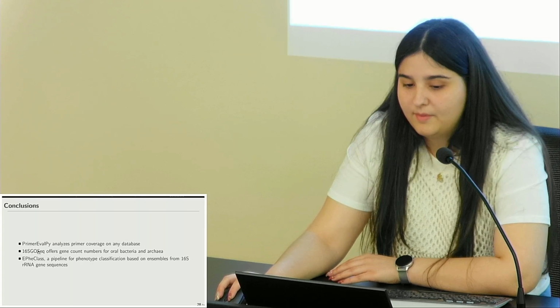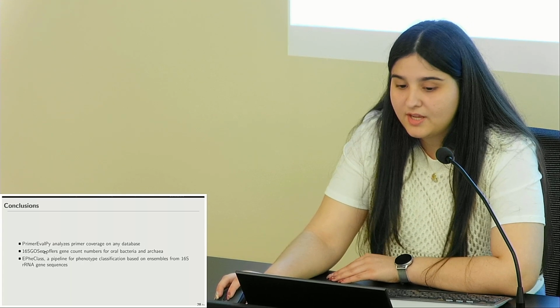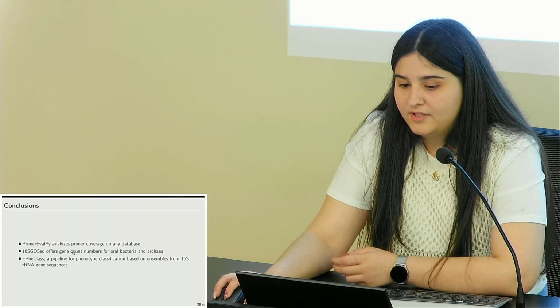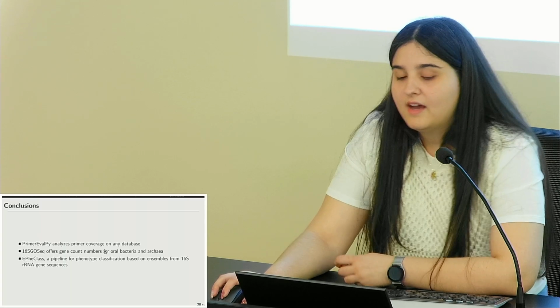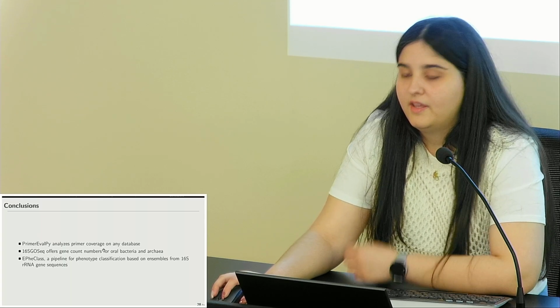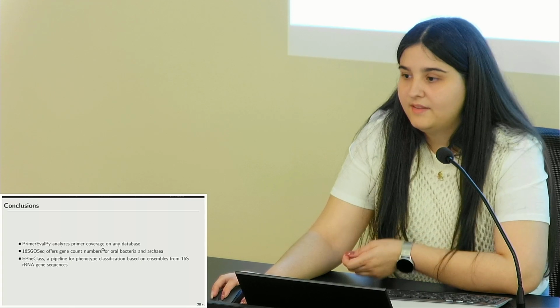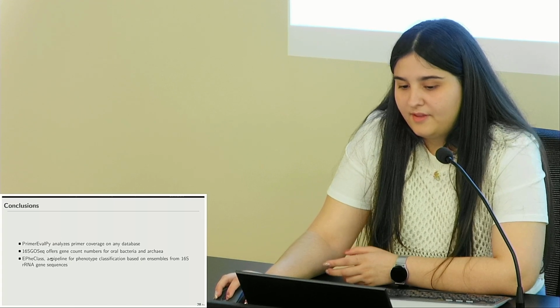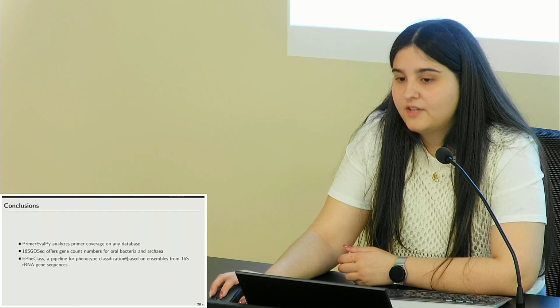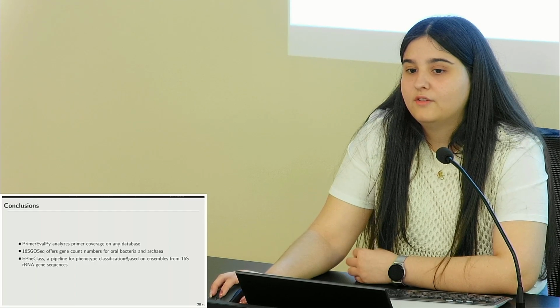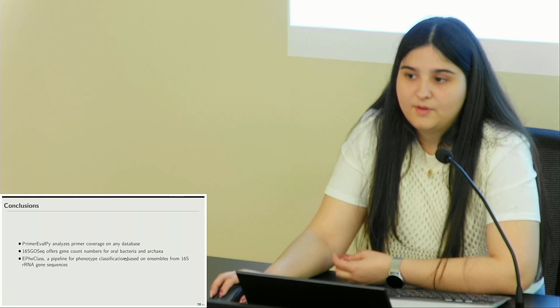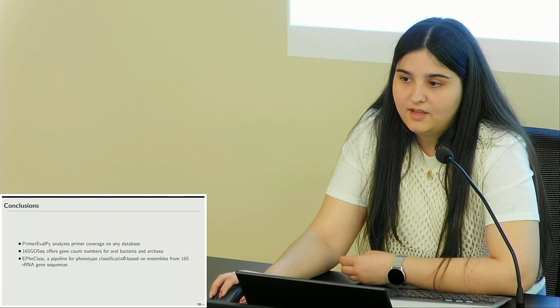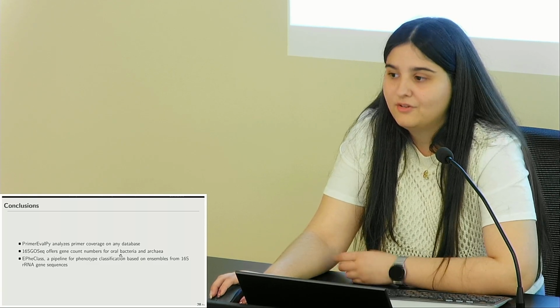Then we developed the database 16S GeoSec, which offers gene count numbers for all bacteria and archaea and can be used in technologies that need to estimate microbial abundances. And finally, we developed FClass, a pipeline for phenotype classification that can be used for harder to diagnose diseases, like dysbiosis-associated diseases like Crohn's disease or periodontitis.